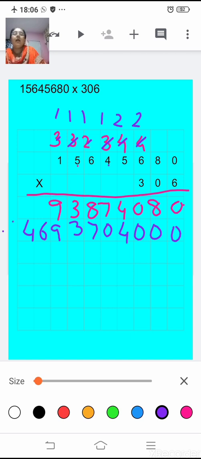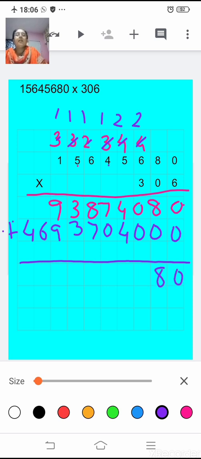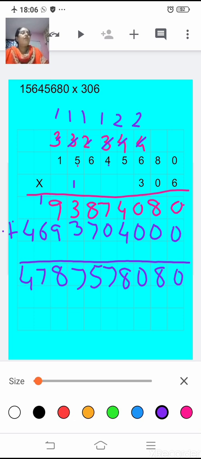Now you can add it. Quite a big number. 0, 8, 0, again 8, 7, 15 here. 1 carry over. 3 plus 3 is 6 plus 1, 7. 9 plus 1 is 10, 18. 6 plus 1 is 7, and then 4.